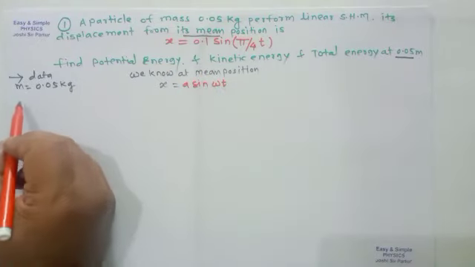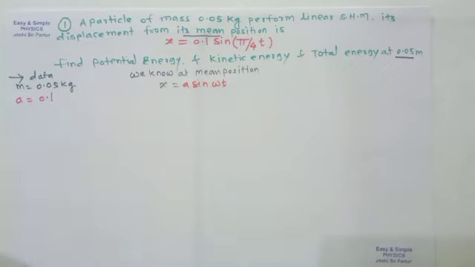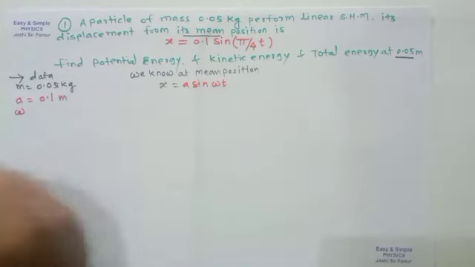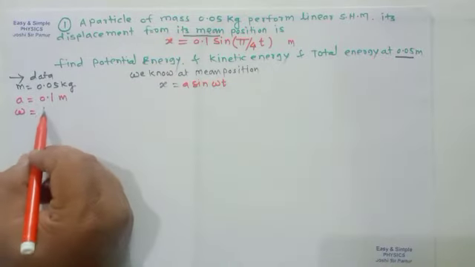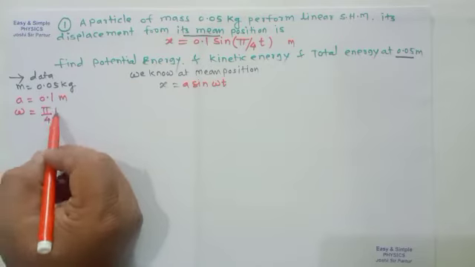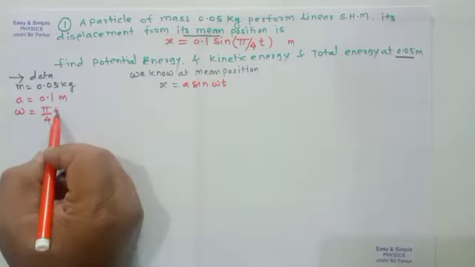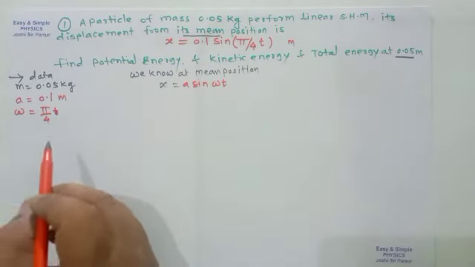So amplitude A will be 0.1. Here omega t will be pi upon 4 into t. So omega equal to pi upon 4.